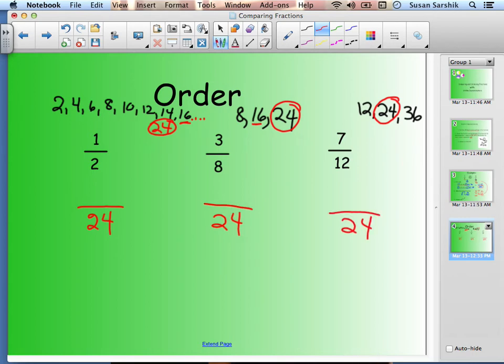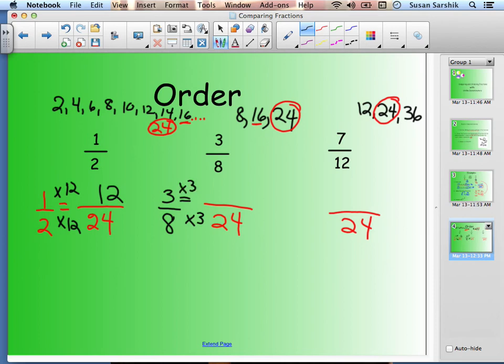So now I'm going to look for equivalent fractions. If I'm looking at going from 1/2 to 24ths, I can say 2 times 12. What I do to the bottom, I do to the top. So 1/2 becomes 12/24. 3/8, if I'm converting that into an equivalent fraction with 24 as my new denominator, I know to get 24, I have to multiply 8 by 3.